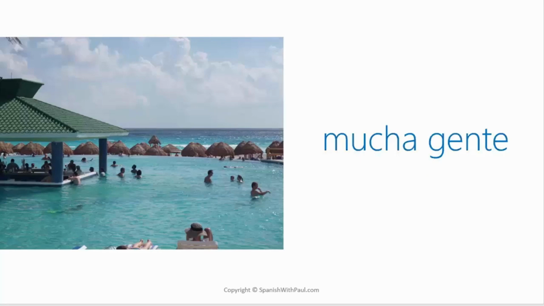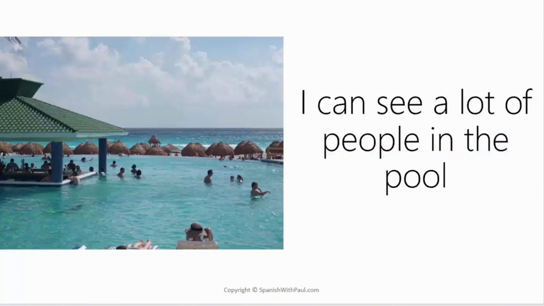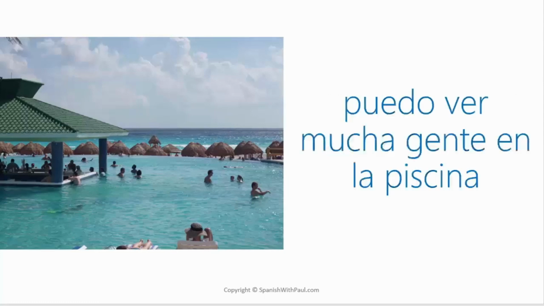Mucha gente. Remember that gente is la gente, so therefore it changed to mucha gente to match it. I can see a lot of people in the pool. Puedo ver mucha gente en la piscina.